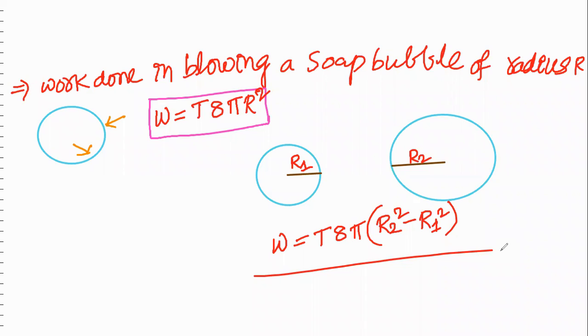Whenever we take the radius of the big drop and the radius of the small drops, this is important.